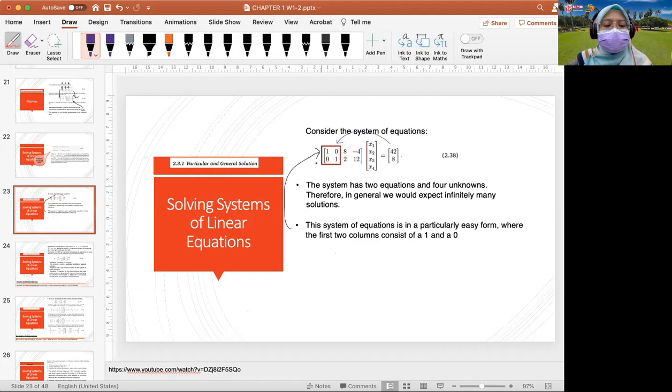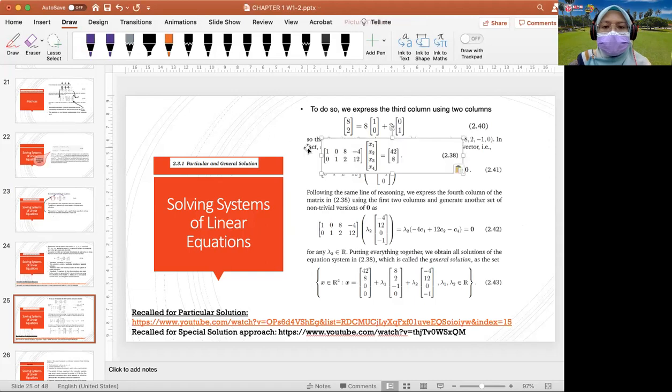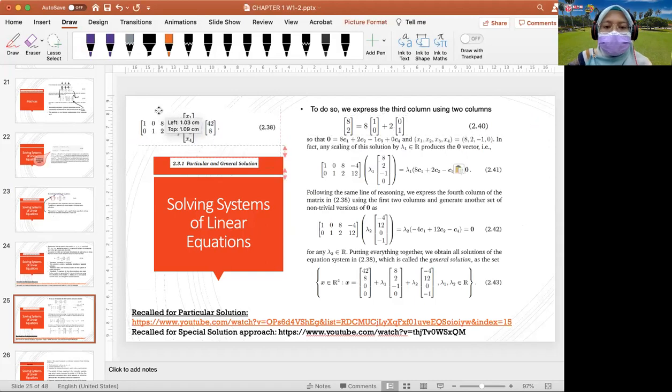So this is the equation here, equation 2 point. Let me copy this again and paste it here. We have settled with our first possible solution.